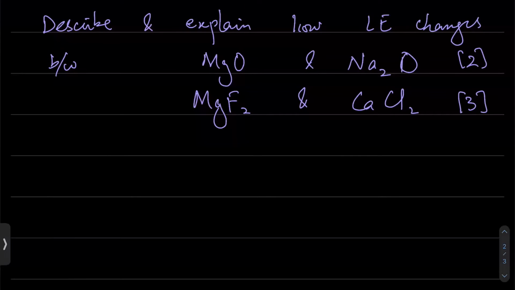So talk about how sodium is a bigger ion with lesser charge than magnesium, which has double the charge and smaller size. Don't say that the energy is going to be 2 times higher or anything. Don't give a number there because you don't have values. In the second question, you have to be able to compare magnesium with calcium and fluoride with chloride and talk about the factors that affect these two.